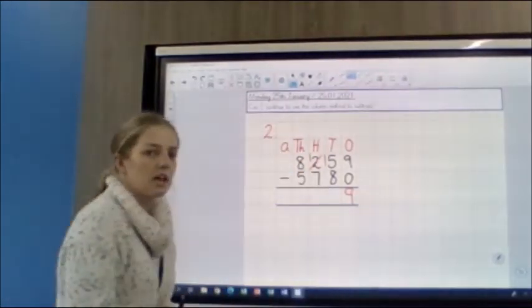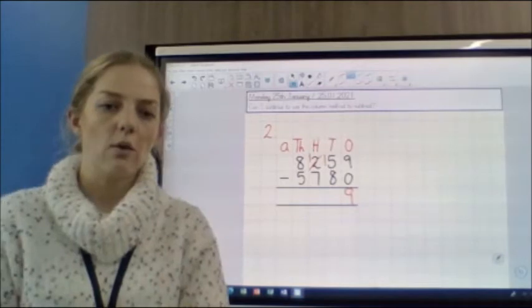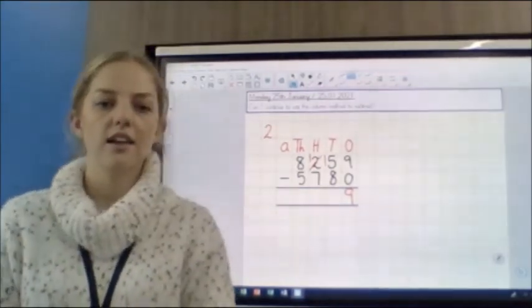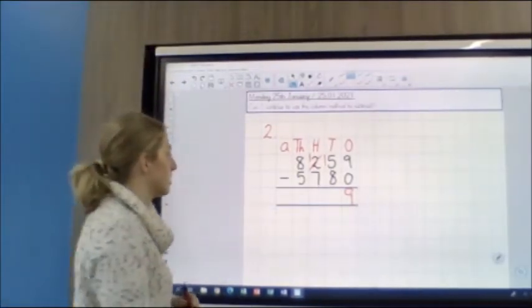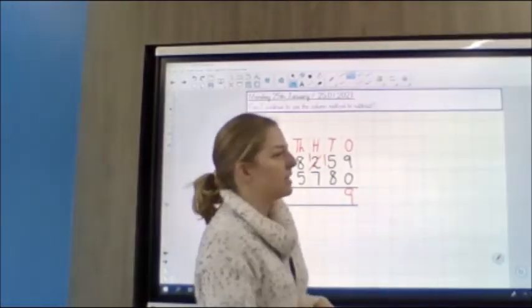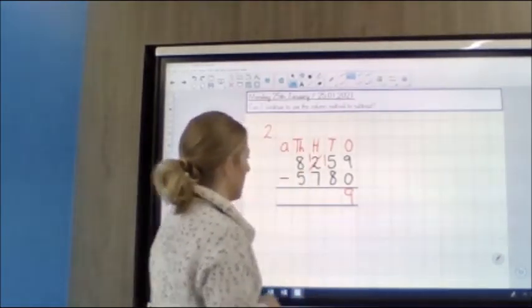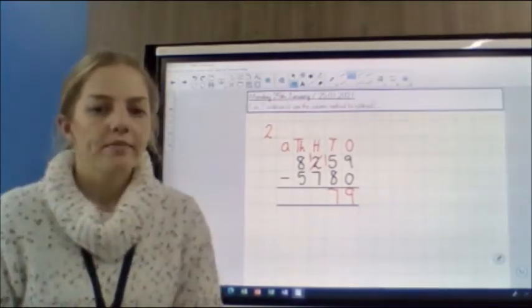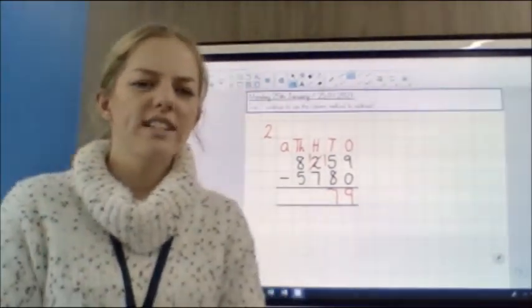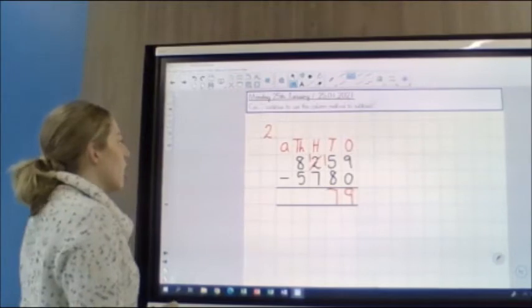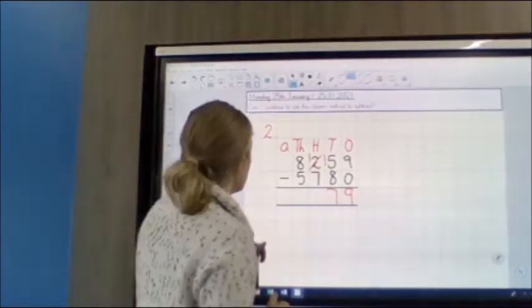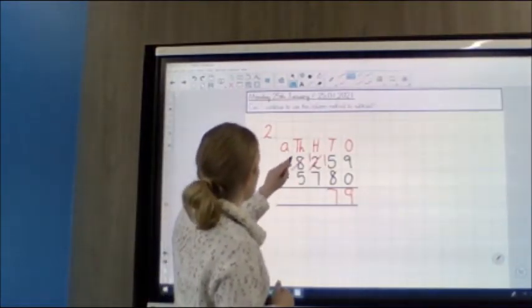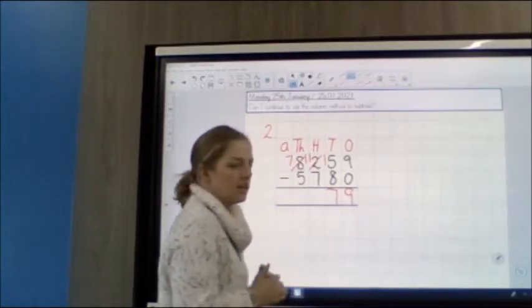So 15 take away 8 is going to be what? Have a guess. It's going to be 7. And then I've got 1 take away 7. I can't do 1 take away 7, so I'm going to have to go next door again and turn that into 11.